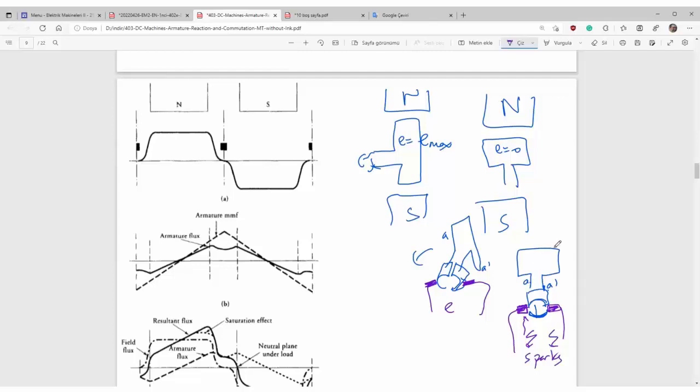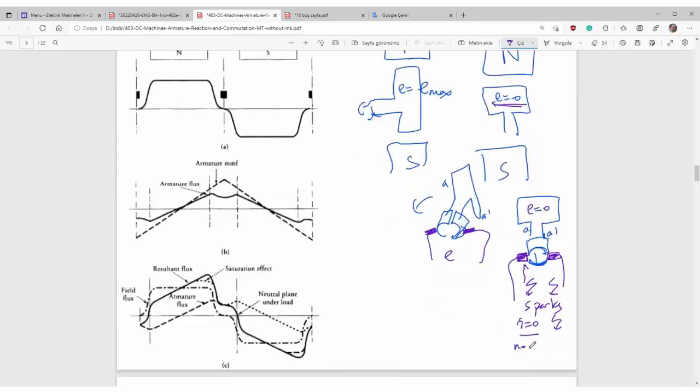Ladies and gentlemen, don't be afraid of this. You said there is no electromotive force when it is horizontal. Yes. If there is no electromotive force, there will be no current. If there is no current, there will be no spark. No current, no spark.